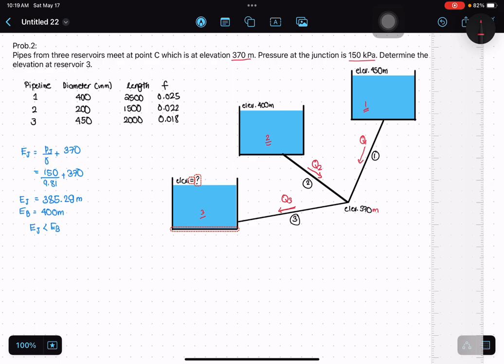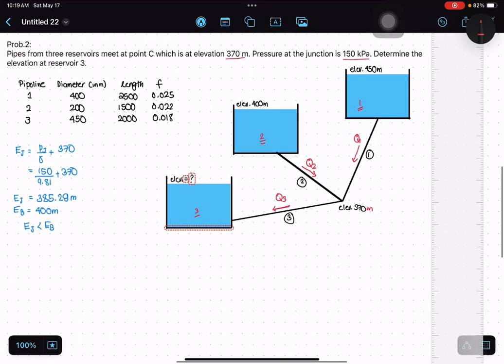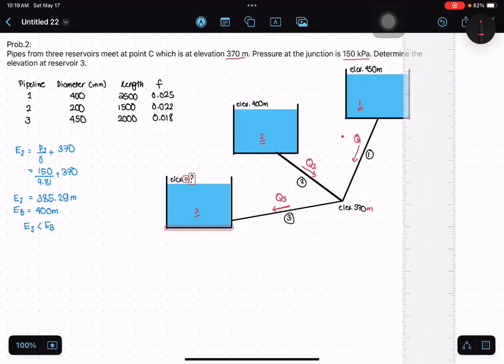Okay? Magre-receive siya. And then, i-drawing lang natin dito, class, yung bagong, i-drawing natin yung energy, total energy ng junction. So, this will be 385. So, mas mababa kaysa sa 400. So, let's say nandito. So, this is our, tawagin nating J prime. Okay?